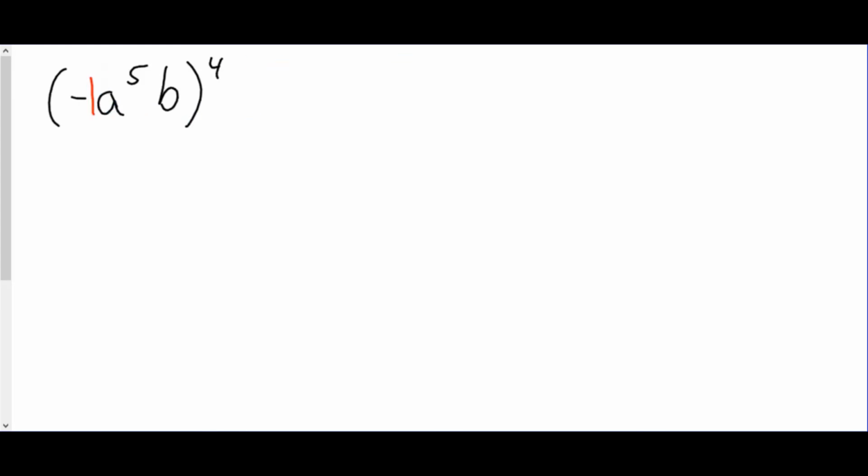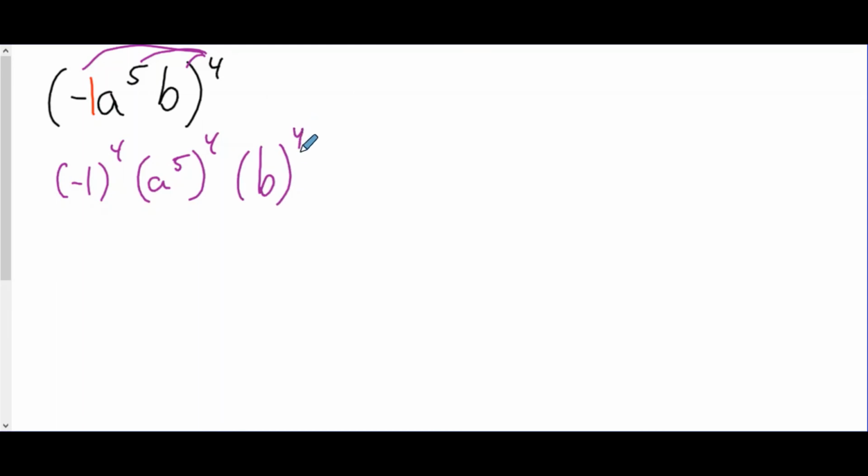So all these things get that 4th power. So I'm going to write -1 to the 4th, and I want to write it in parentheses to show that the negative is part of it. A to the 5th to the 4th power, and then b also to the 4th power.